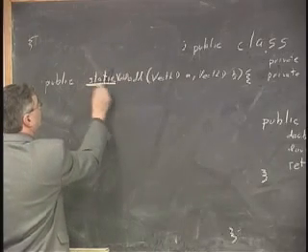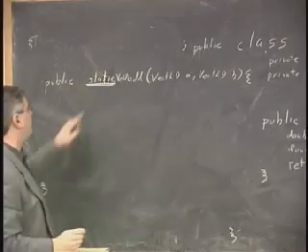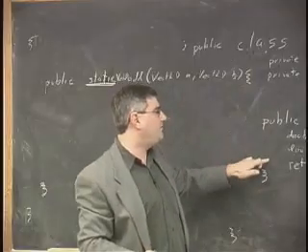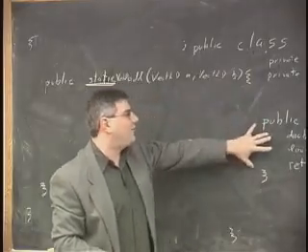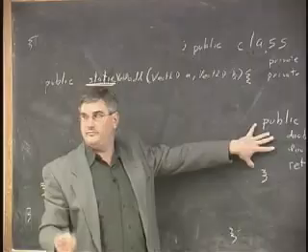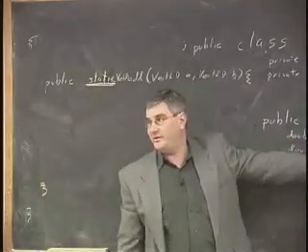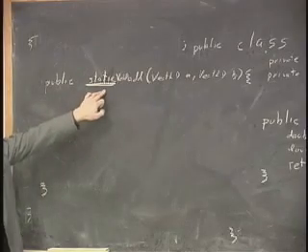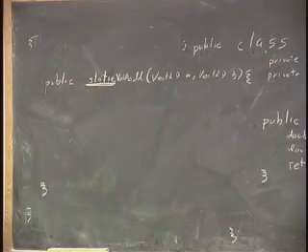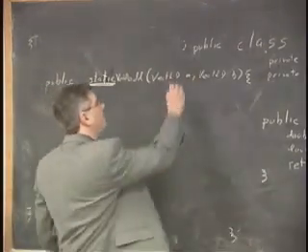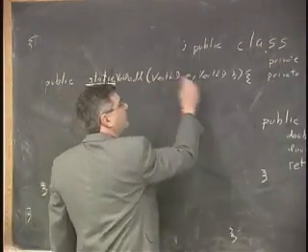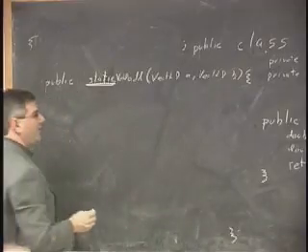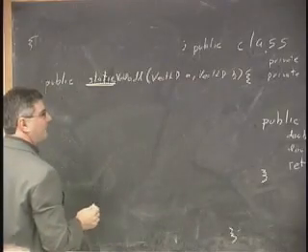The static means that it is a routine associated with the whole class, rather than any particular instances. These, without the static, are associated with instances, meaning they get this magic this variable passed in. Static methods don't get the magic this variable passed in, which means if we want to add two numbers, we have to pass in the two numbers that we want to add into the thing.